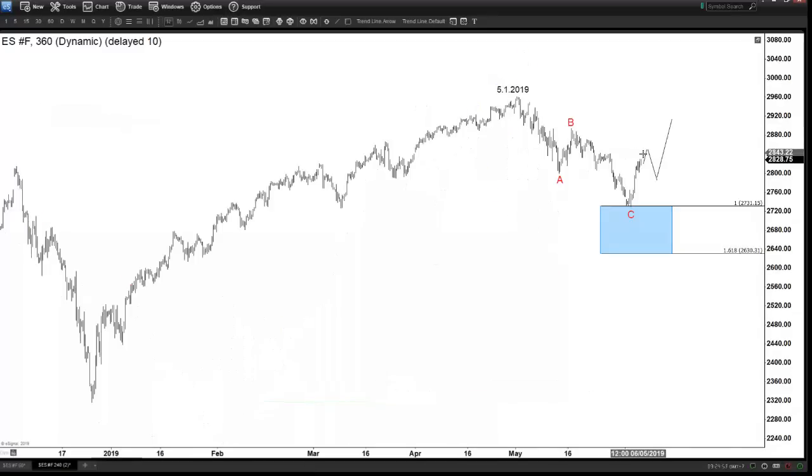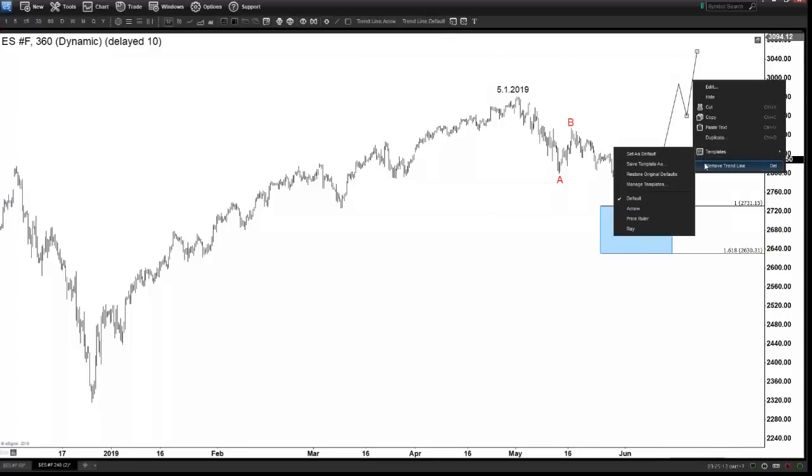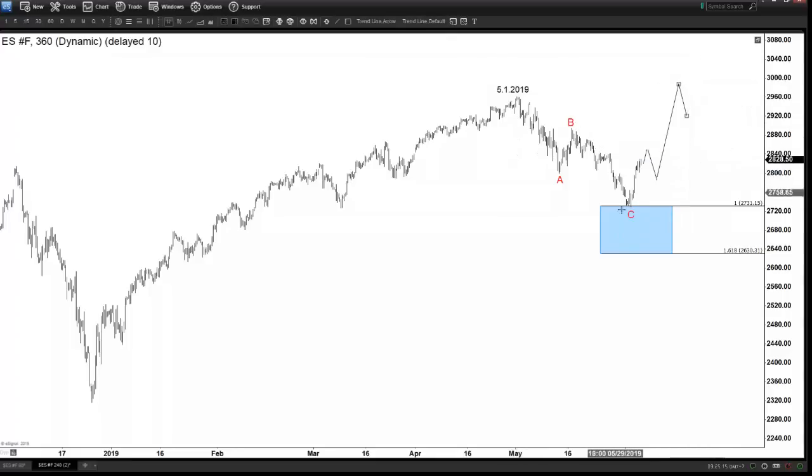This can become a 1, 2, and then 3, right? It can become like this and then break this and make a new high. That's definitely a possibility. But at least what we do know is we got only a 3 wave pullback, and then from there the rally looks impulsive. So at the least, I think we can say we can see at least a 3 wave bounce right now.